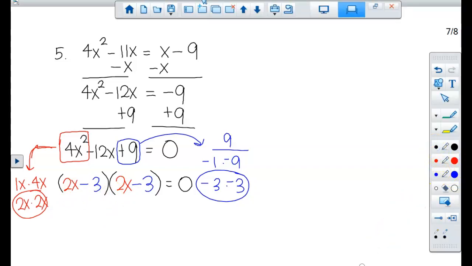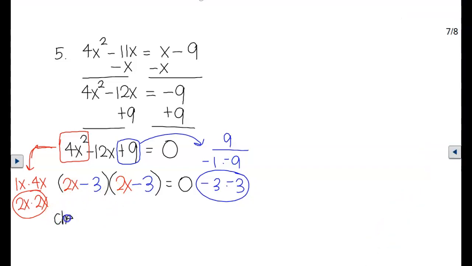All right, so here we go. Let's check them. 2x times 2x is 4x squared. 2x times -3 is -6x. -3 times 2x is -6x. And -3 times -3 is +9.